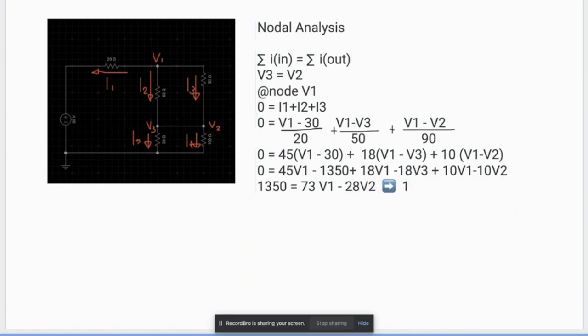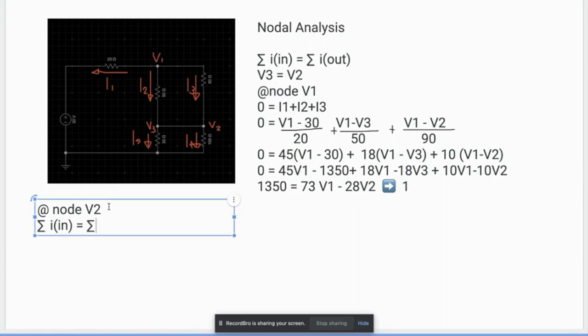Next, at node V2, here. Remember, V2 and V3 are equal. So that means I2 plus I3 equal to I4 plus I5, equal to the summation of outgoing.